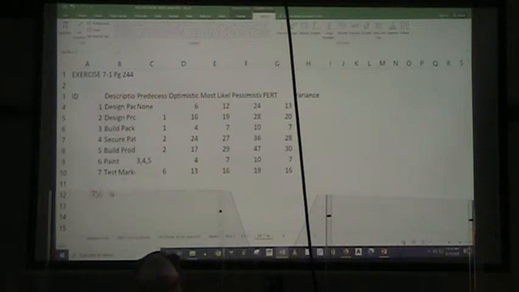All right, so our variance is equal to our left parenthesis, our pessimistic minus optimistic, divided by 6, and then that is raised to the 2nd power. So let me, come on, there you go.